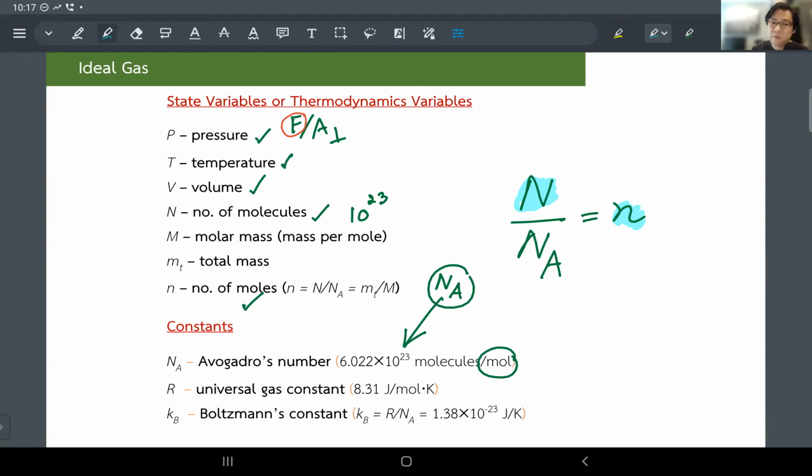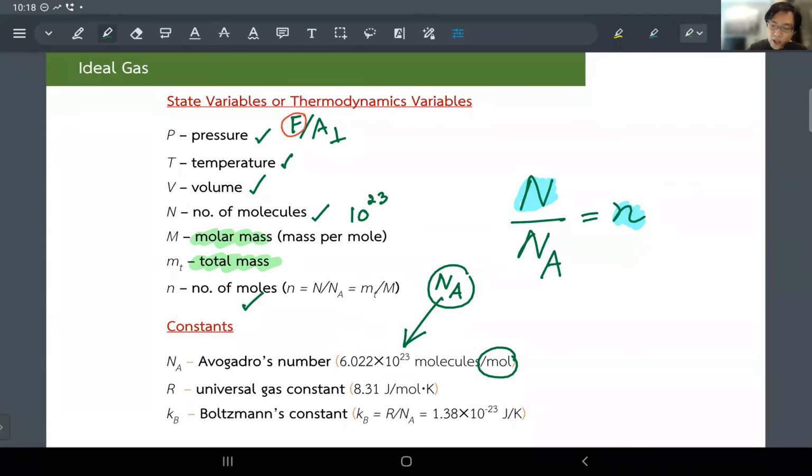But it turns out you can always refer to mass later every time you know the number of molecules or number of moles. So in general, when you talk about the mass, it's just another kind of conversion. For the rest of this module, we barely use molar mass or total mass.